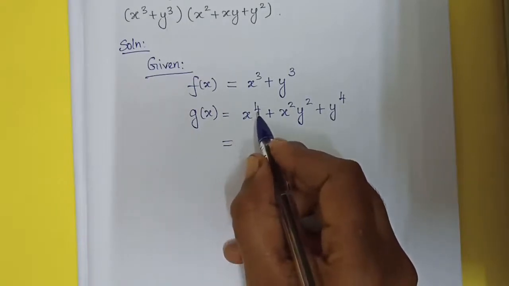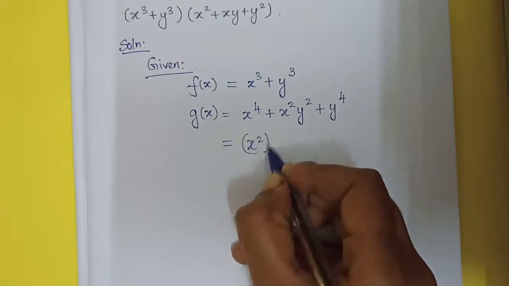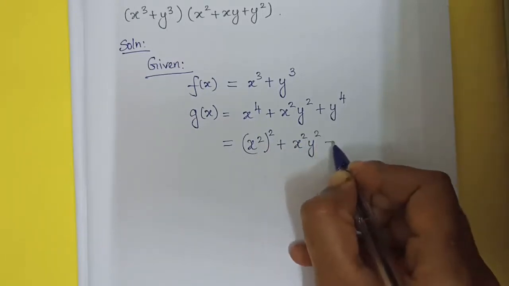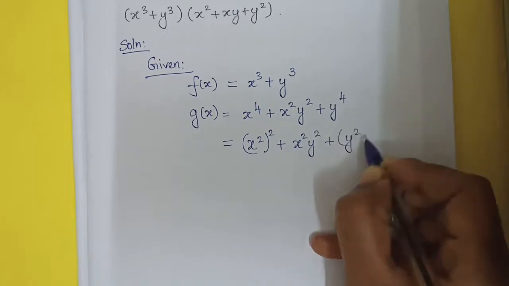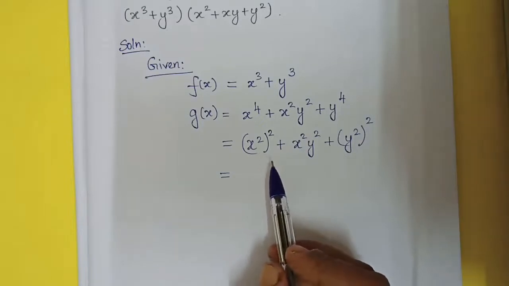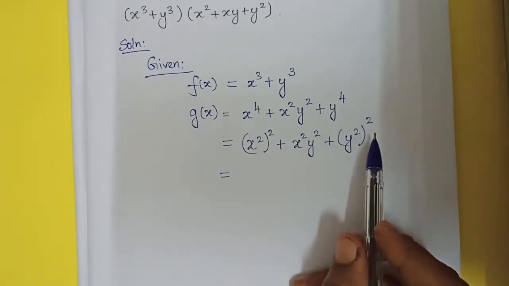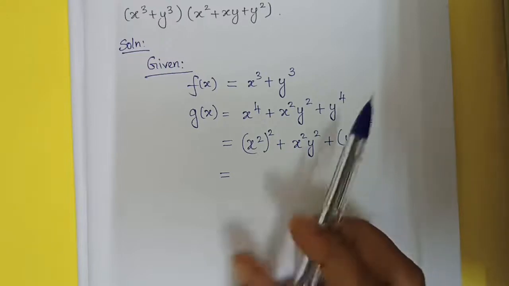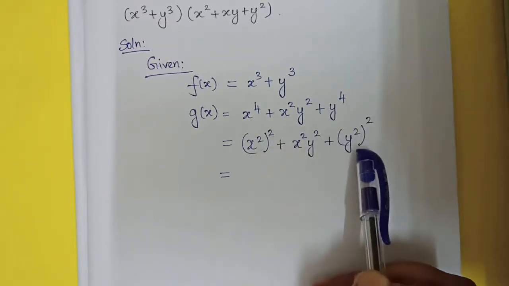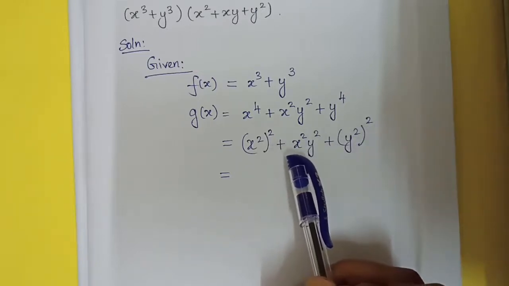So x power 4, how can we simplify this? x square the whole square plus x square y square plus y square the whole square. Just see this. Is it in the form of a square plus 2ab plus b square? If we consider this as a square, and here also plus b square, which term is missing?